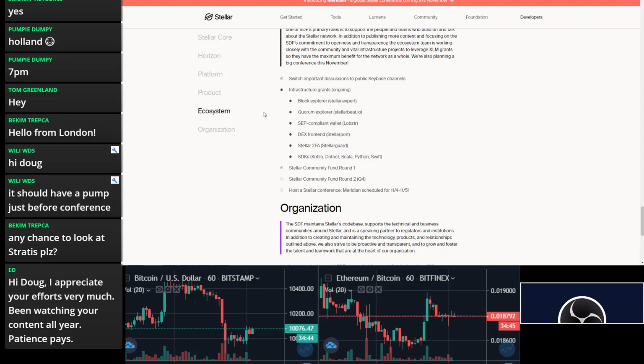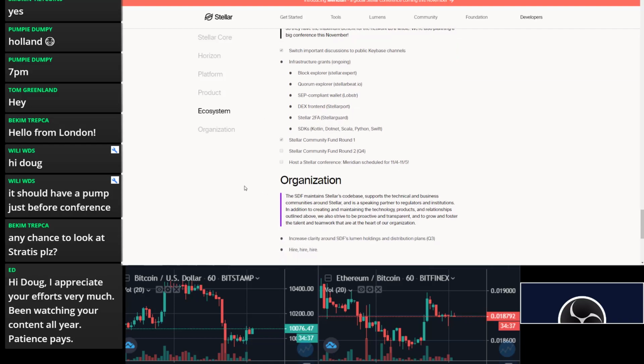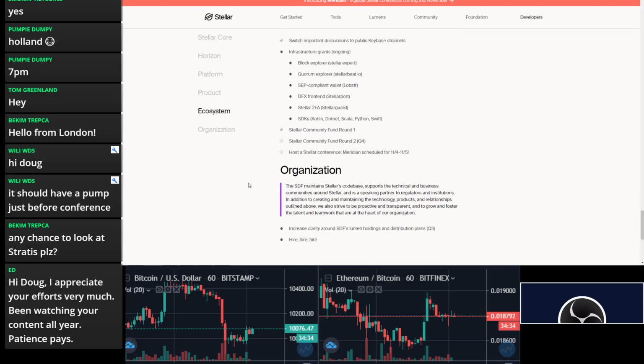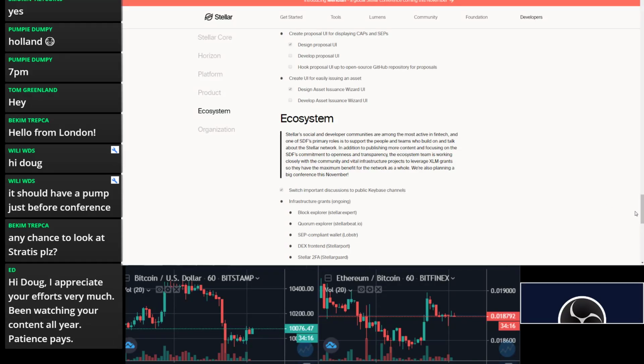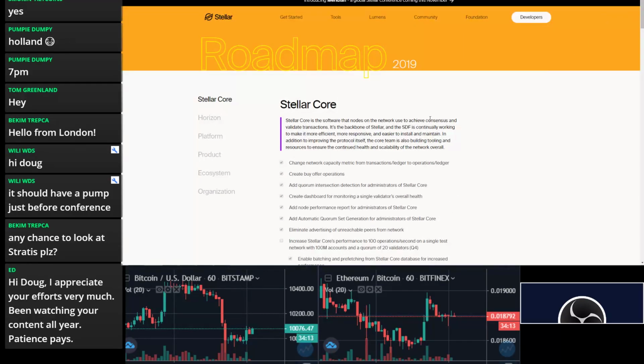Stellar Community Fund Round 4, host a Stellar conference scheduled for November. Increased clarity around Lumen holdings and distribution plans. Okay, I don't get it. With many of these things, I read through, and I go, oh, okay. Nothing's jumping out at me except for that November conference.